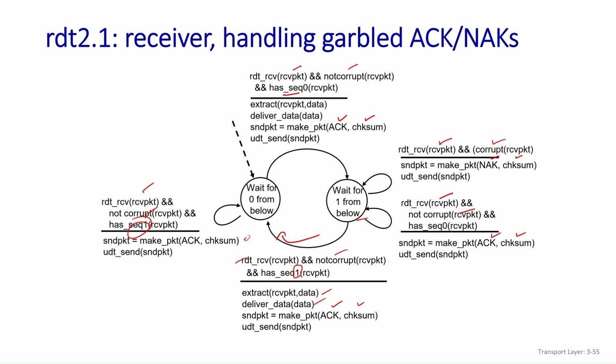So in this case, we will again discard the packet, will not process it, and will generate what? An acknowledgement. Okay. And if the packet is received and is corrupt, in this case, the receiver will send a negative acknowledgement along with checksum. Is it clear?